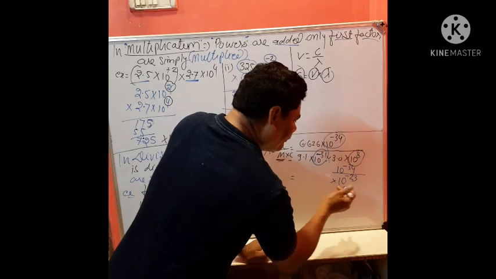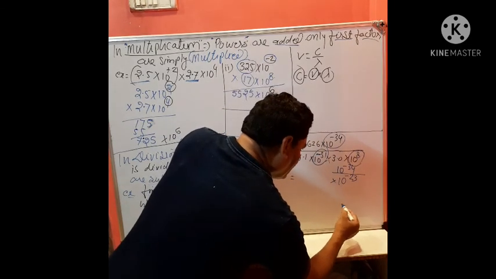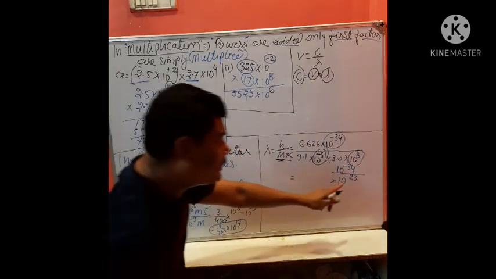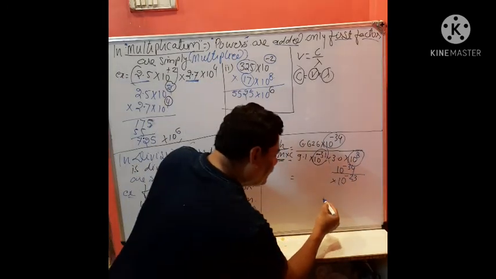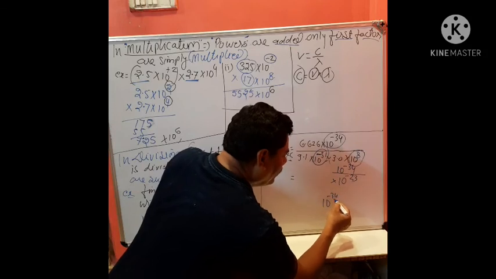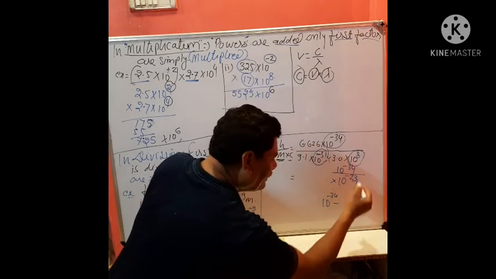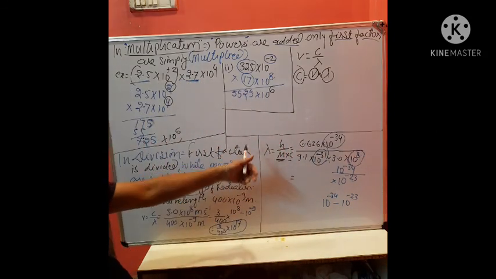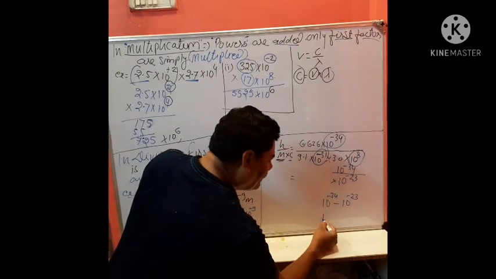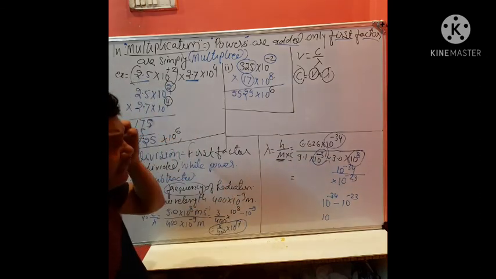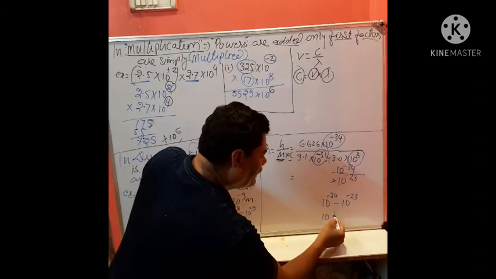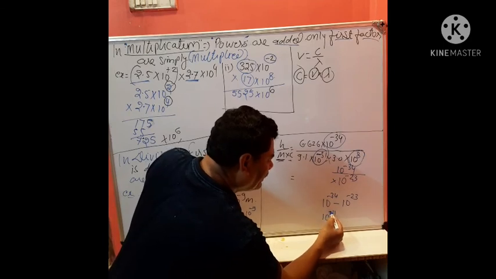So here 10 to power minus 34 and 10 to power minus 23. So this is to be 10 to power minus 34 minus minus 23, so again minus minus becomes plus, so it will be written as 10 to power minus 11.